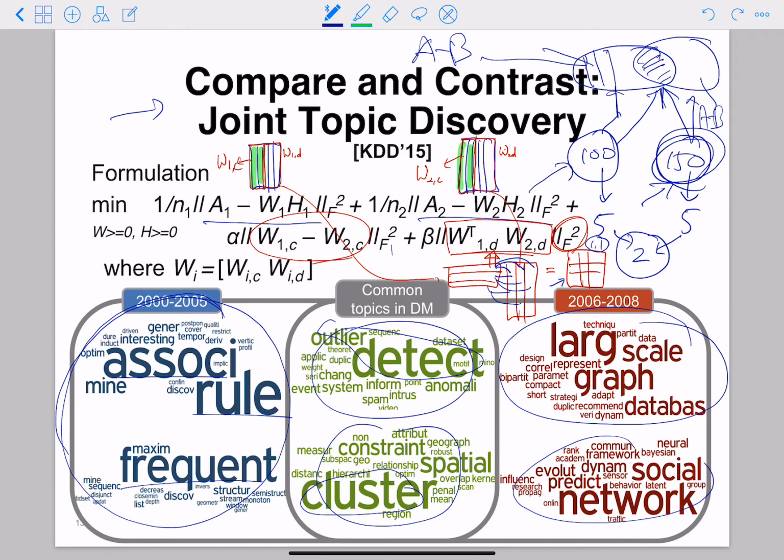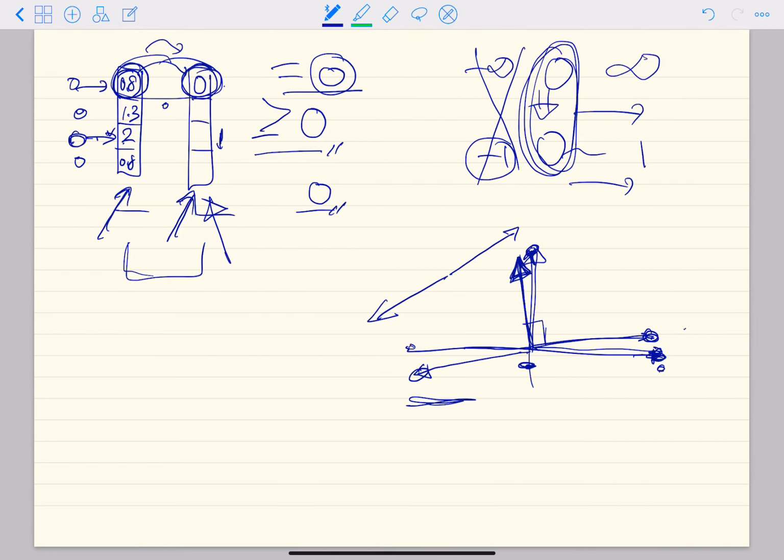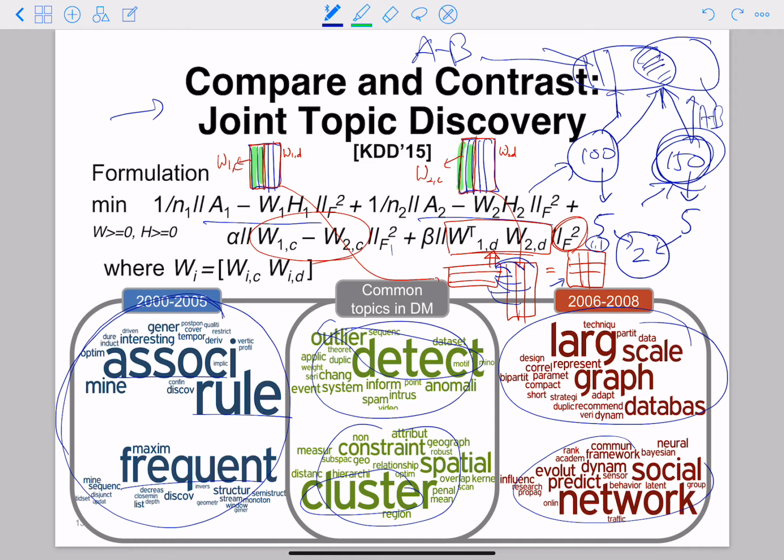Okay, and then in this example, let's consider the actual optimization based on this block coordinate set.